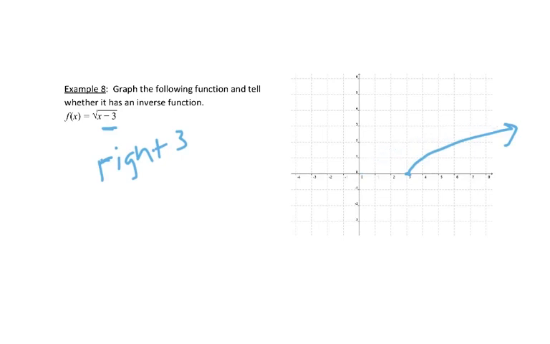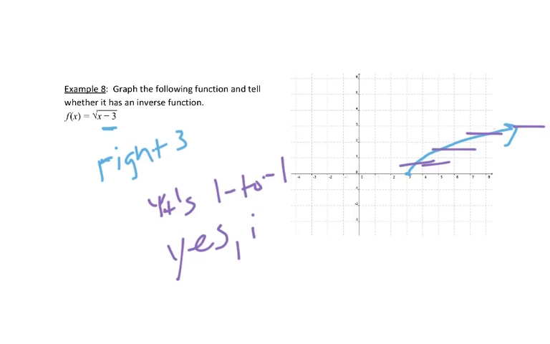And if we check it with a horizontal line, it doesn't cross that graph in more than one spot. There's no place where a horizontal line would cross that graph in more than one place. So it's 1 to 1, and that means yes, it has an inverse.